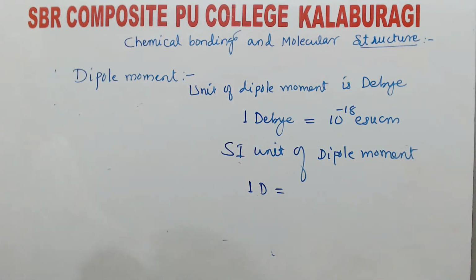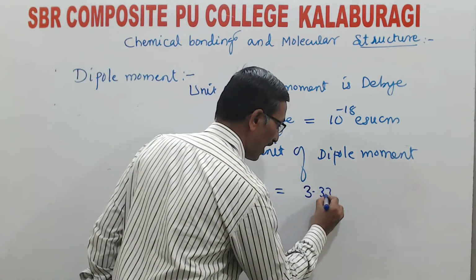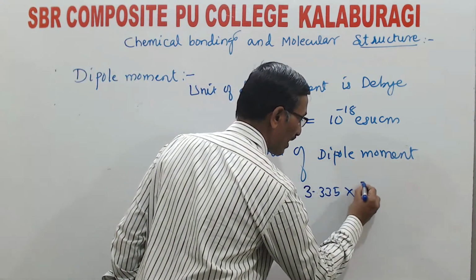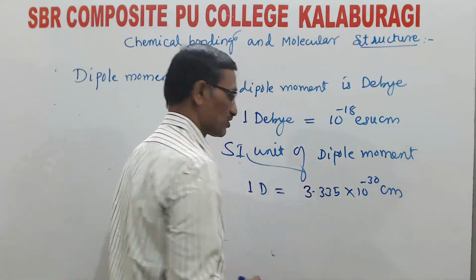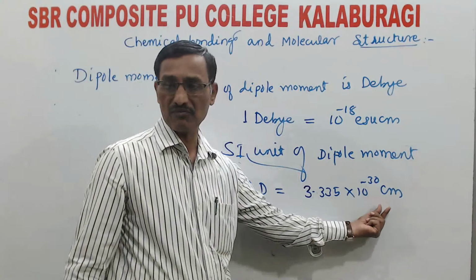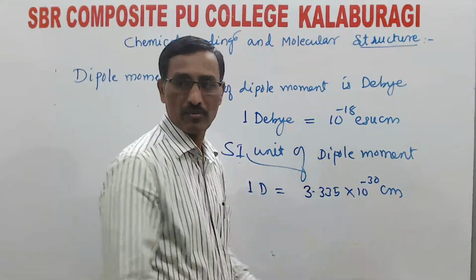It is equal to 3.335 into 10 to the power of minus 30 coulomb meter. This is the SI unit, so we are expressing it in terms of coulomb meter. That you have to remember.